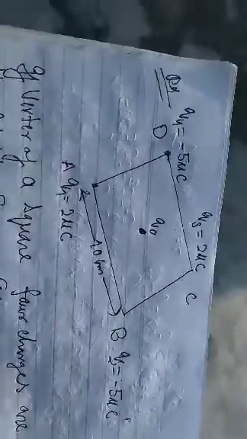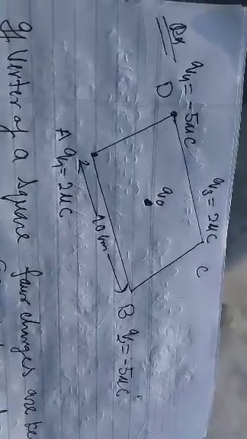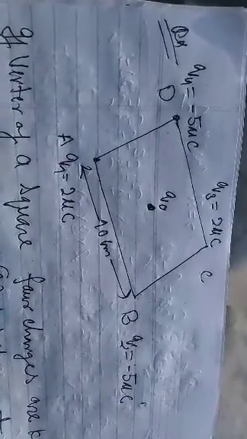Next, in this section there is a diagram of a square, and at the vertices 4 charges are kept, and the length of each side of the square is 10 centimeter.